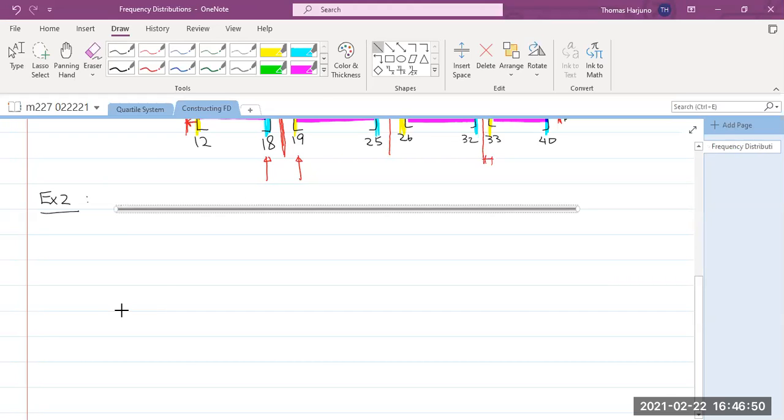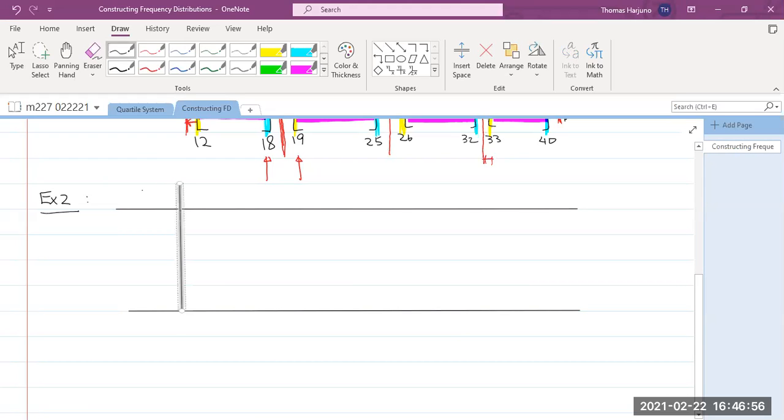Let's say we have this frequency distribution. This is our x, let's say from 24.7 to 25.8, and then 25.9 to 27.0, 27.1 to 28.2, 28.3 to 29.4.